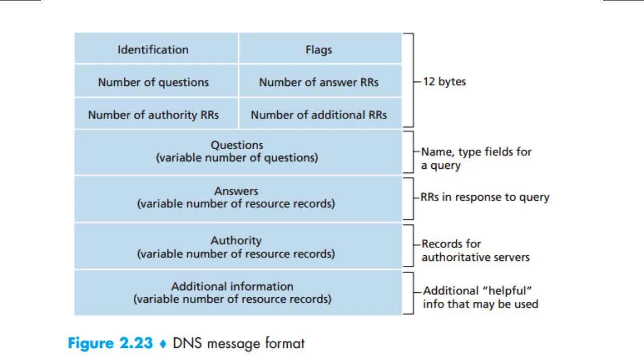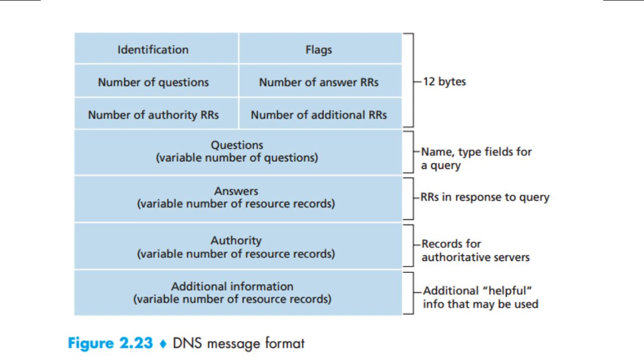In the header, there are also four number-of fields. These fields indicate the number of occurrences of the four types of data sections that follow the header. The question section contains information about the query that is being made. This section includes a name field that contains the name that is being queried, and a type field that indicates the type of question being asked about the name.